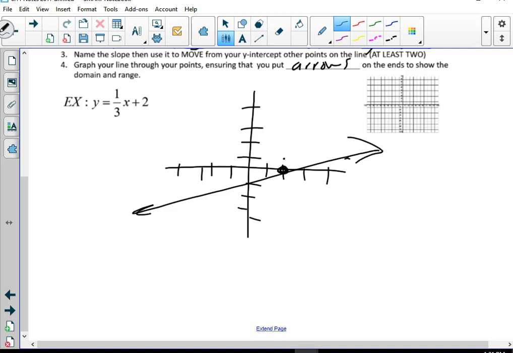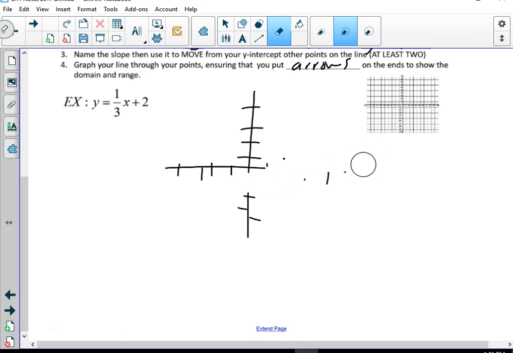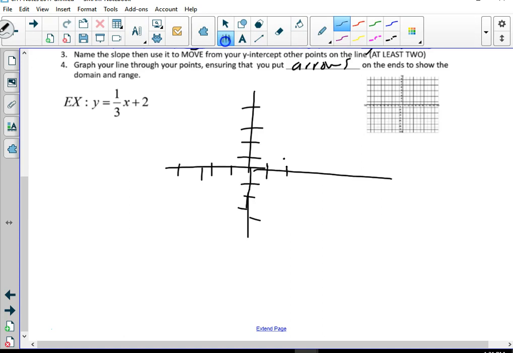The y-intercept means it crosses the y-axis at that point. So that means my B is on the y-axis up here at +2.